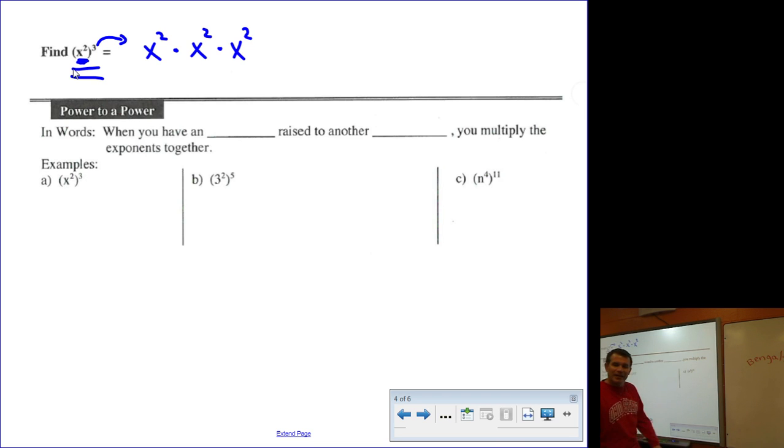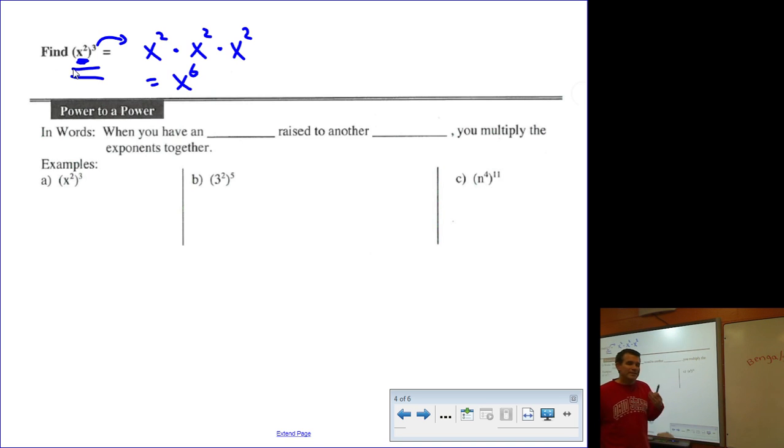So that might look like that. And now I can use the rule that I just learned. When I am multiplying things together that have the same base, I add their exponents. So this would equal x to the 2 plus 2 plus 2, or x to the 6th power.